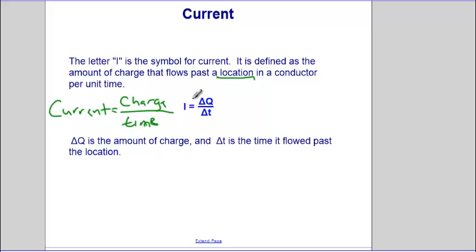So current is I, charge is Q, just like our study from electrostatics, and time is T. And the units for current are amps, which we'll define in a second, which are coulombs per second. So we'll abbreviate that. Q is the amount of charge, T is the amount of time.